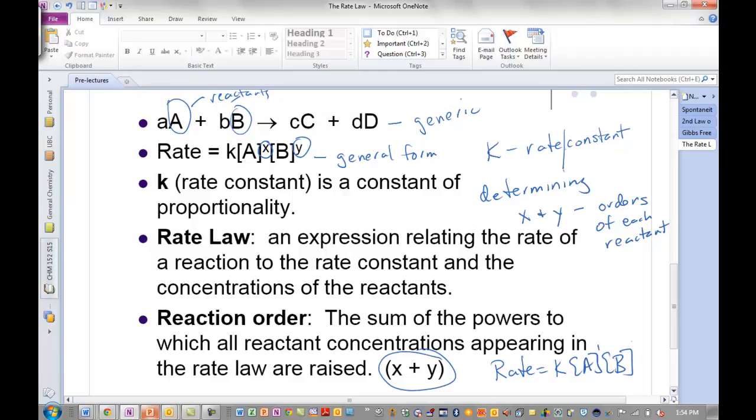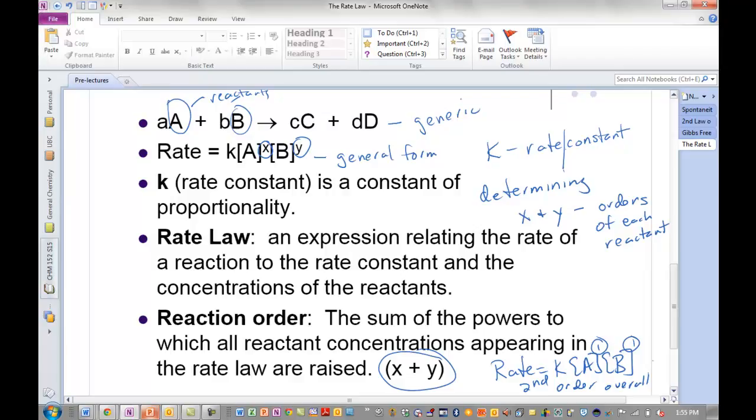Okay? Each of these exponents is 1. So we would say the reaction is first order with respect to A, it's first order with respect to B, it's second order overall. Okay, so the overall order is just the sum of the orders with respect to each reactant.